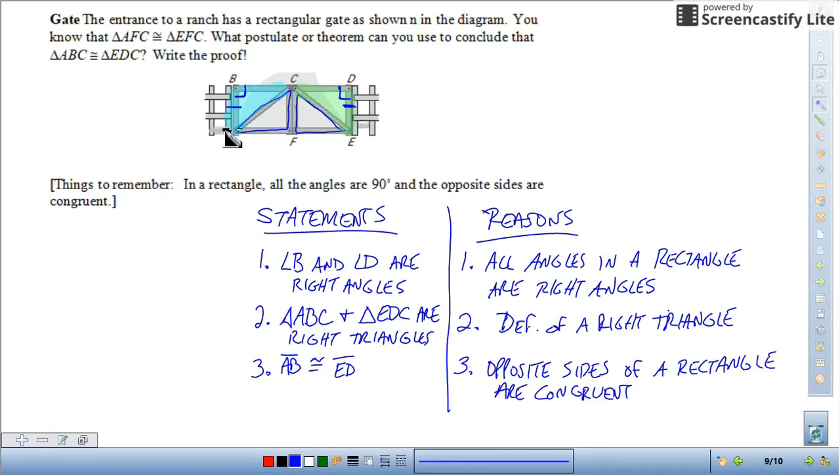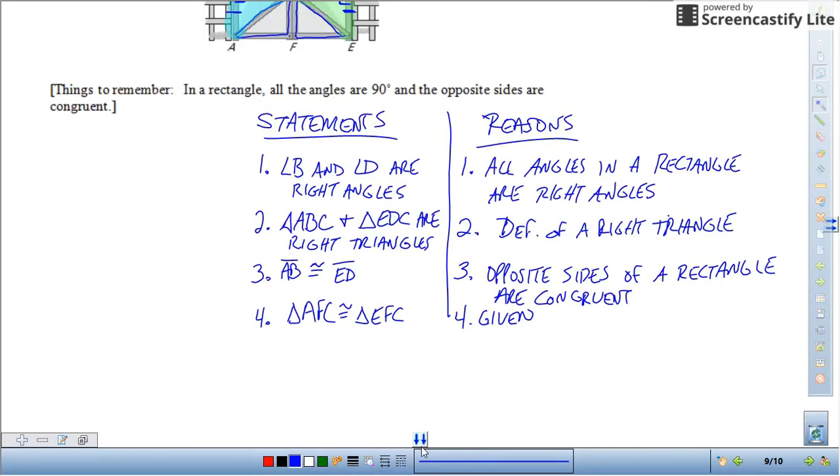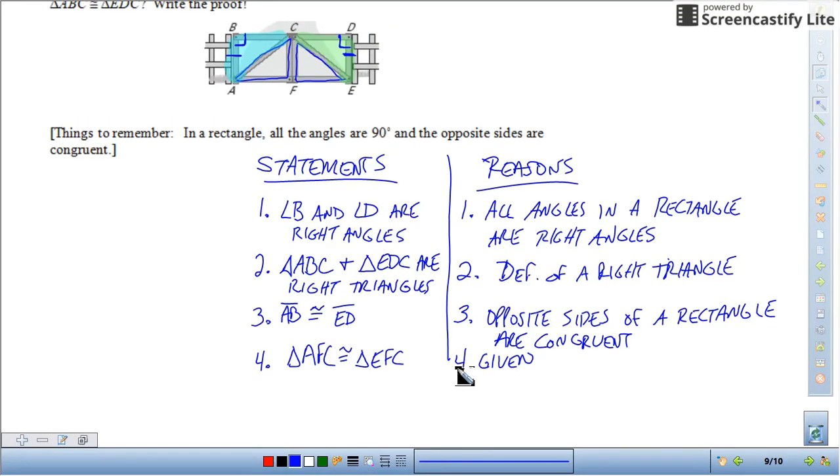If we know that triangle AFC is congruent to triangle EFC, well, let's use that as our given. If we know those two triangles are congruent, remember that congruent triangles always have all corresponding angles and all corresponding sides being congruent.